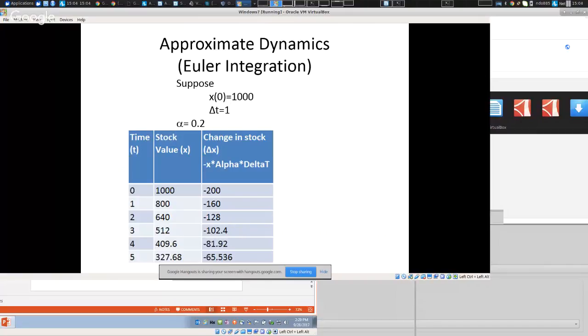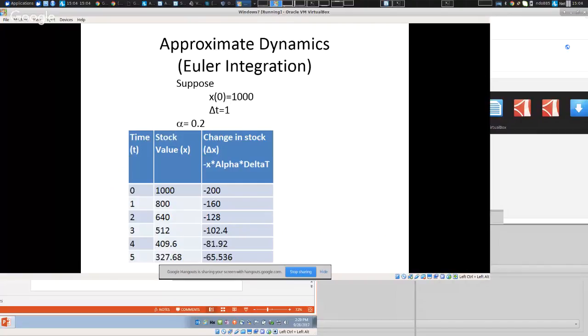Okay. So let's suppose now we consider time 1. We jump forward from 0 to 1. At time 1, how many people are left in the stock? Where did that 800 come from? Yeah, 1,000 minus 200, right? 800, okay. Now, what is the change of the stock over this time?